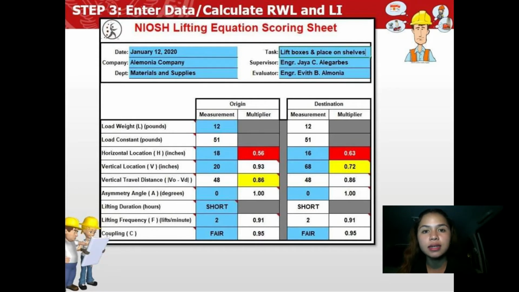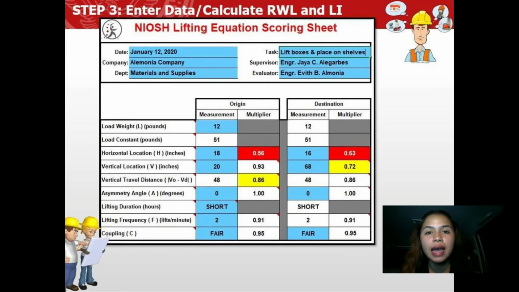Horizontal location is 18 inches, which is equivalent to 0.56 according to its multiplier. Vertical location is 20 inches, which is equivalent to 0.93. Vertical travel distance is 48 inches, which is equivalent to 0.85. Asymmetry angle is 0 degrees, which is equivalent to 1.00.